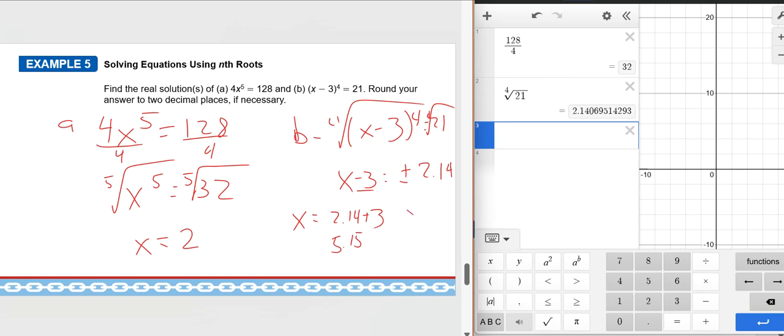And I would also get x equals negative 2.14 plus 3. X also is equal to 0.86. So don't forget, when your n value is even, you have that plus or minus.